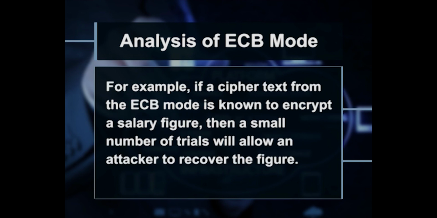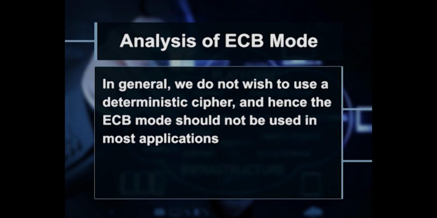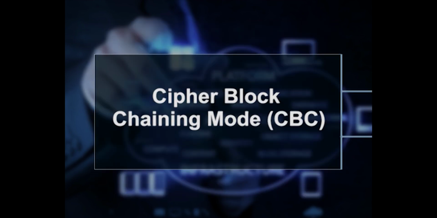For example, if a ciphertext from the ECB mode is known to encrypt a salary figure, then a small number of trials will allow an attacker to recover the figure. In general, we do not wish to use a deterministic cipher and hence the ECB mode should not be used in most applications.